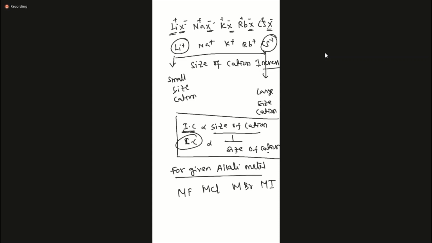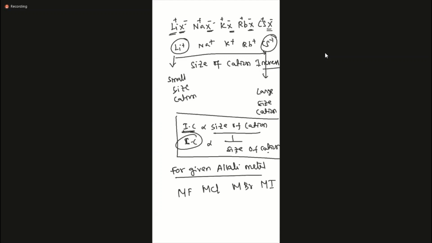Hello? Yes, sir. Which is the first one? Lithium plus is what type of character? Cs plus is what type of character? Please tell me. Sir, how do we know the size of cation?